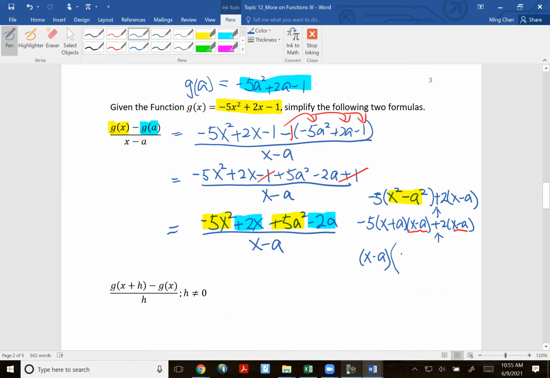What's left for my first term? Negative 5 times x plus a. What's left for my second term? Just a positive 2. Whole thing over, still x minus a. All right, so now this numerator is only one term now, right? If I factor out the greatest common factor between the x minus a, I can put that in the parentheses so that these two can cancel out. And that would be my answer.